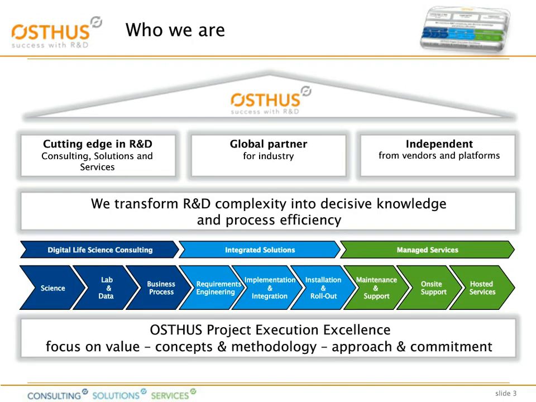OSTHUS was founded in 1996 with OSTHUS GmbH in Germany. In 2013, we started OSTHUS Incorporated in the US, and in 2015, we opened our new site in China. By now, OSTHUS has more than 70 R&D domain experts.